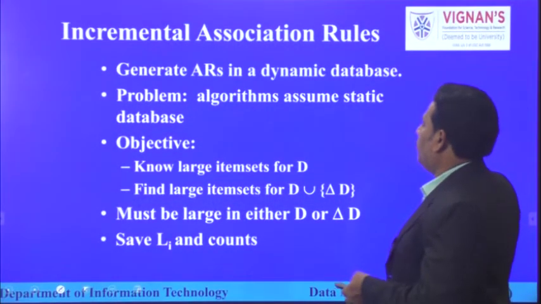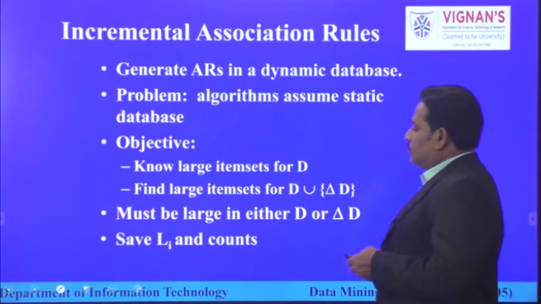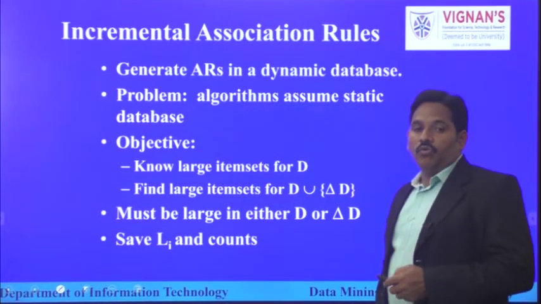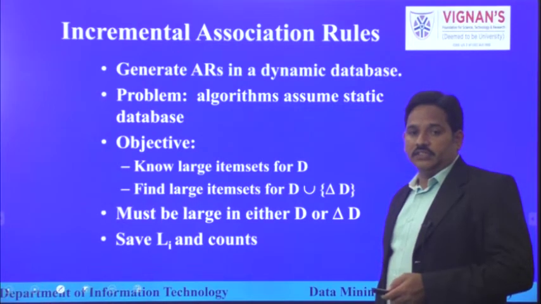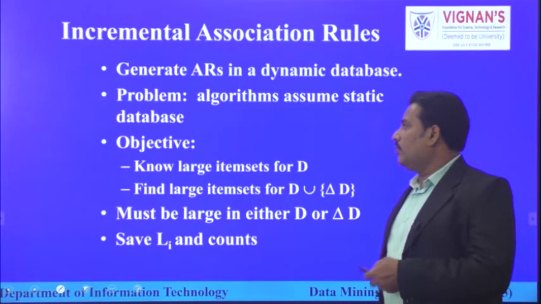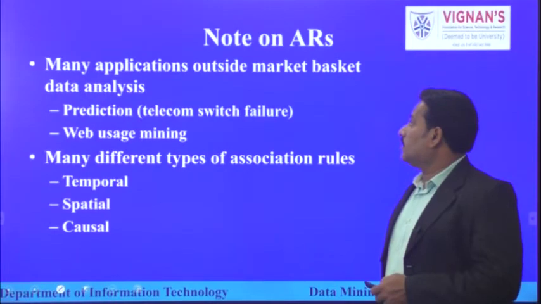Now how can we increment the process of association rules? That means when there are more items in a transaction, how can we use it and repeat the process on a large scale?